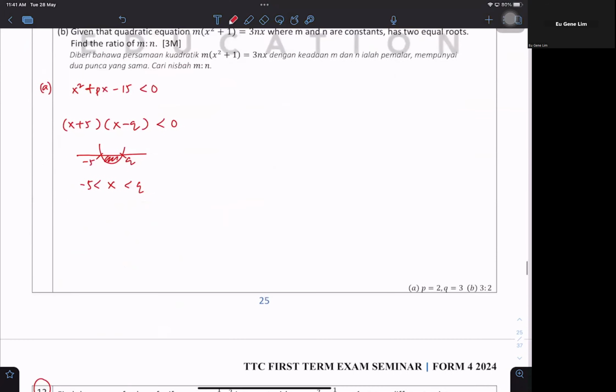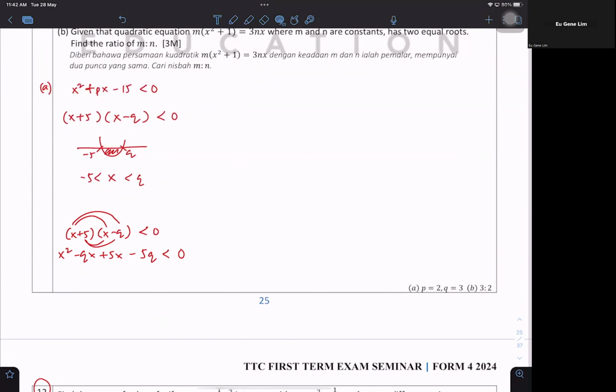So I go and expand, okay, like this, (x plus 5)(x minus q). Expand. x times x, x squared. x times negative q, negative qx. 5 times x, 5x. 5 times negative q, negative 5q. Okay, understand the meaning of this question?